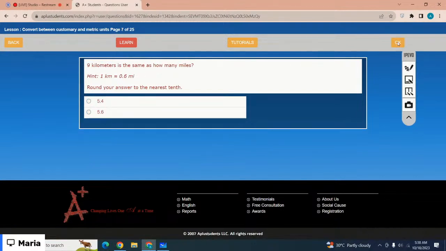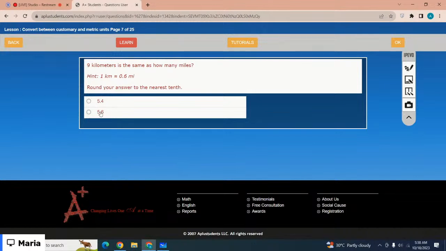9 kilometers is the same as how many miles? Which is the correct option? That is 5.6.